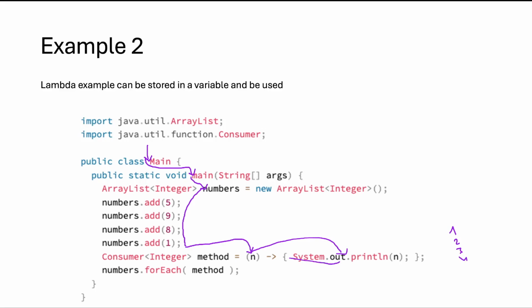And these ones we are storing in this consumer list, and this method is now passed into the numbers, and will print the value 5981 and so on. This is how the lambdas are used. I hope you understood how we build the lambda.